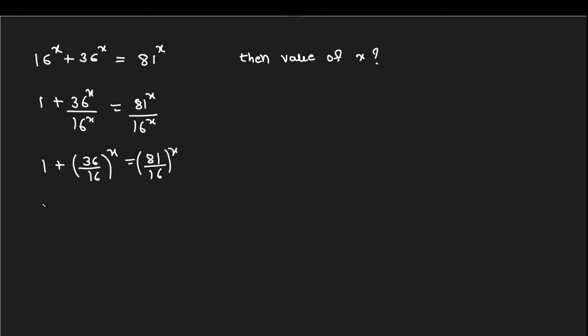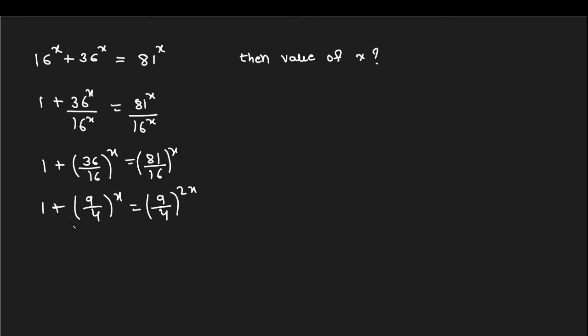You can further solve it. You will get 1 plus (9 by 4) whole to the power of x is equal to (9 by 4) whole to the power of 2x.